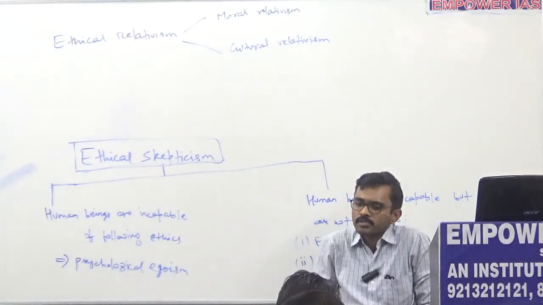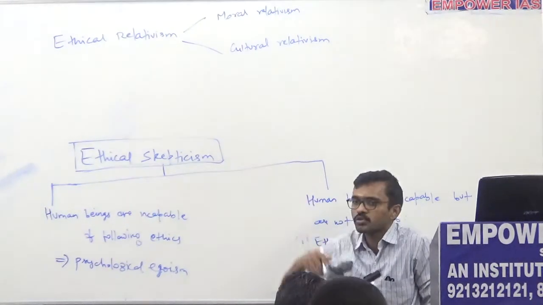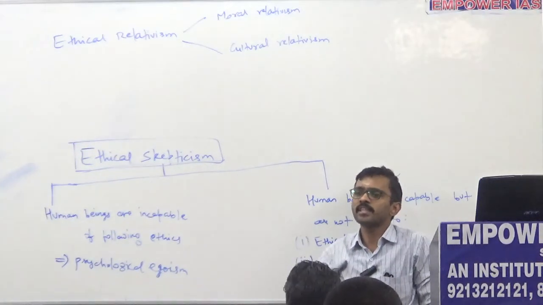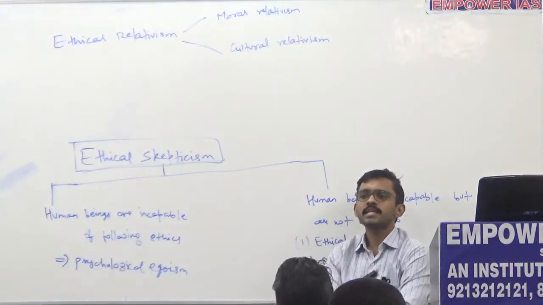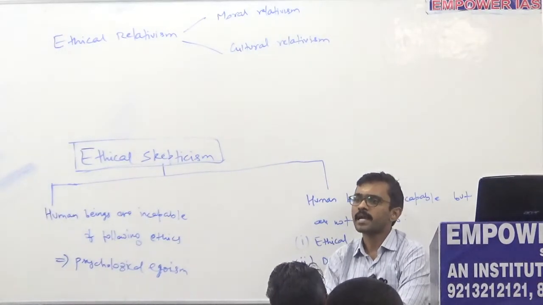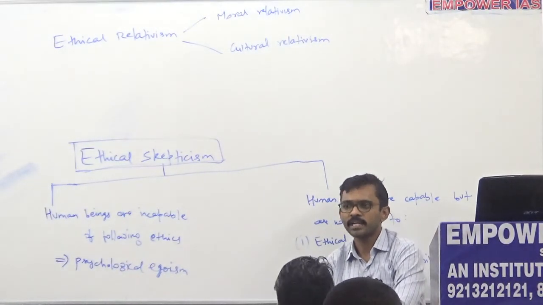Ethical relativists, the proponents and supporters of ethical relativism, believe that there are no universal ethical standards, no universal principles that apply across different cultures and different individuals.